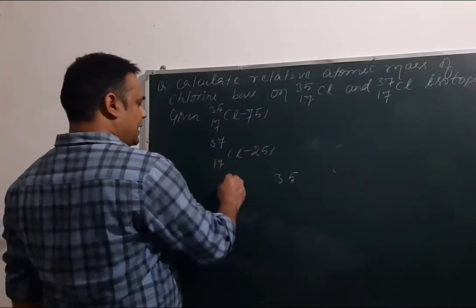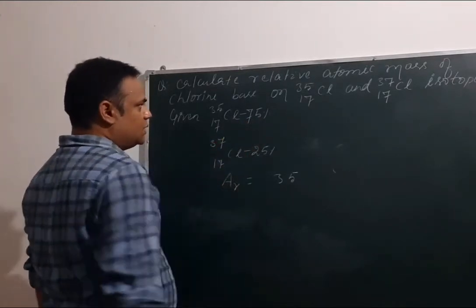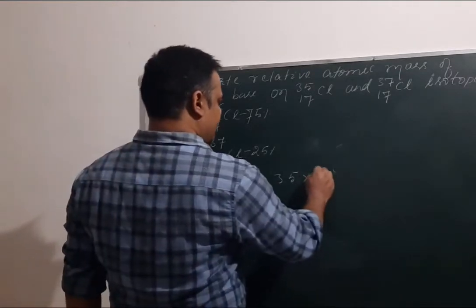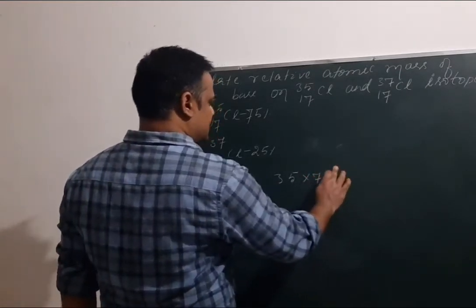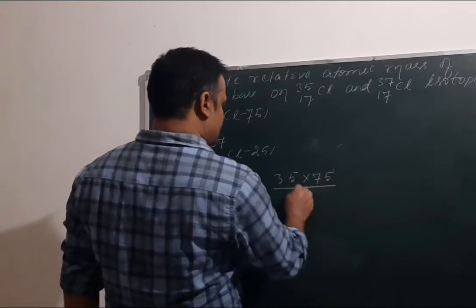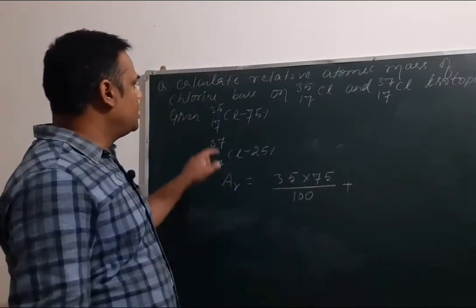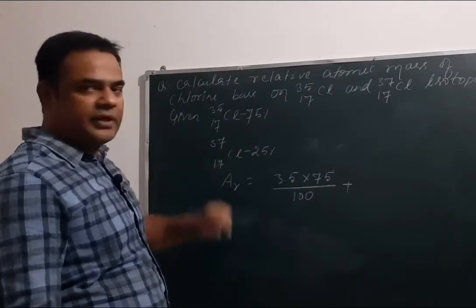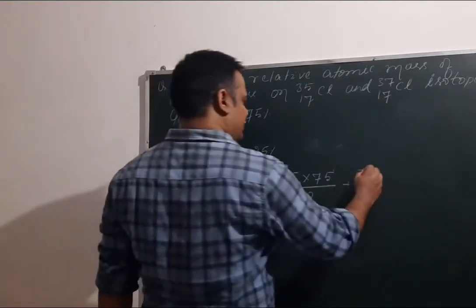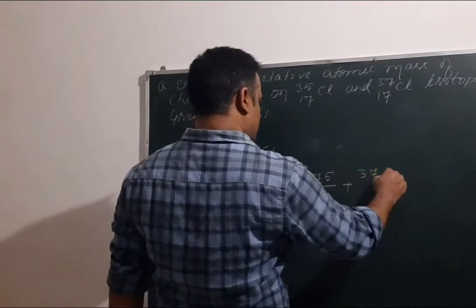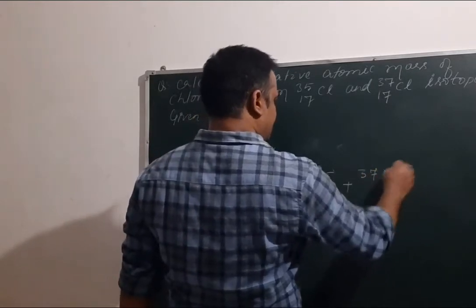So we write average atomic mass equals 35 into 75%. Percent is there, so we divide by 100, plus the percentage composition of 37/17 Cl, which is 25%. So we have 37 into 25 divided by 100.